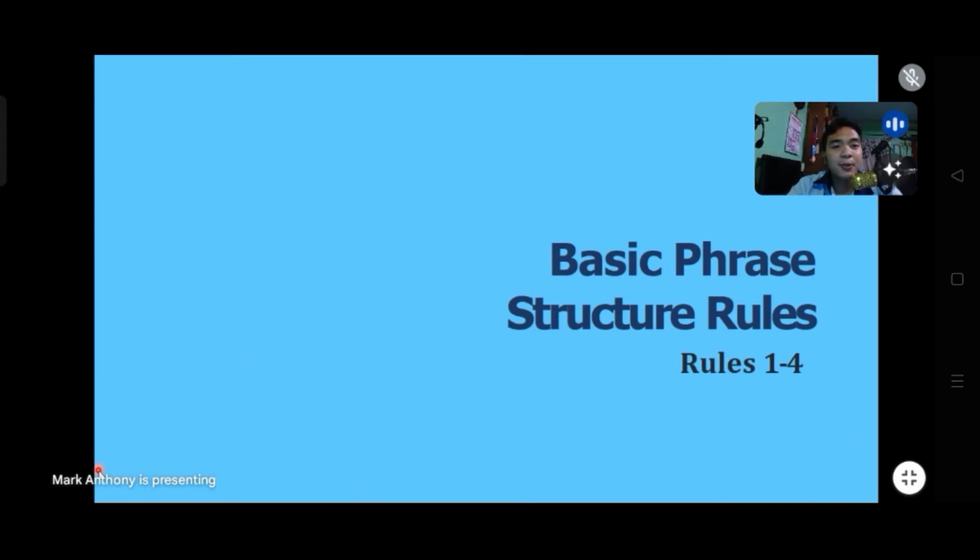These 4 rules are very useful, as they help us construct a correct sentence, as well as improve us as English language speakers or teachers. So, are you ready? Let's begin!